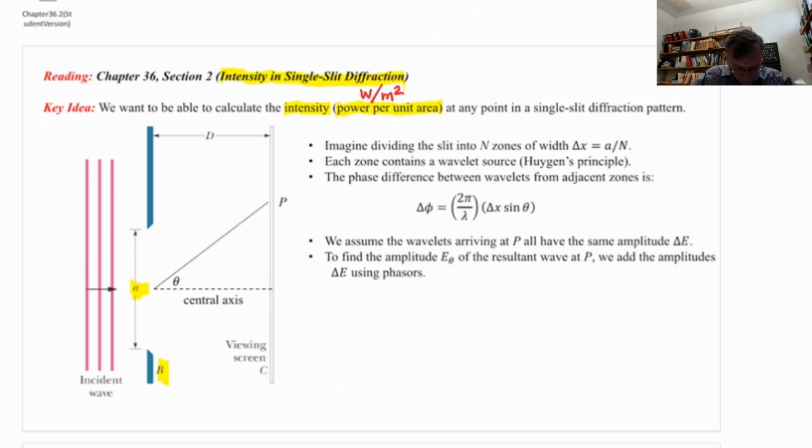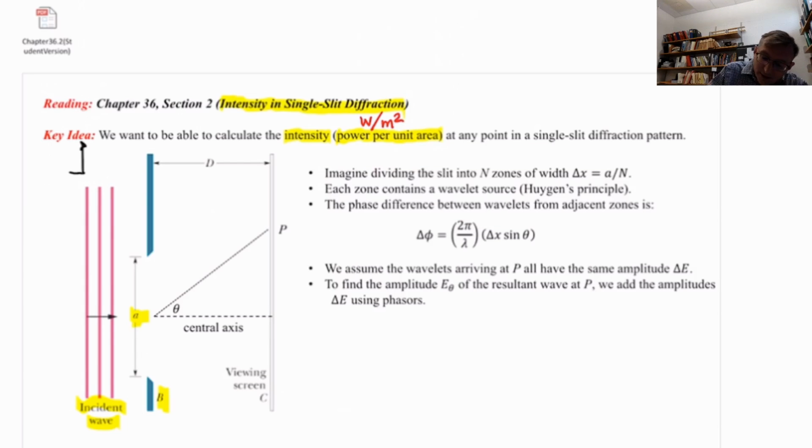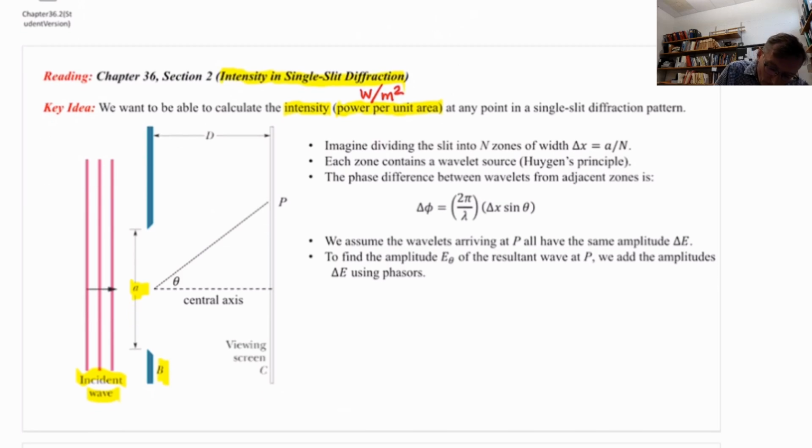And we're sending in an incident plane wave perpendicularly on that screen. And the distance between two adjacent plane wavefronts here is the wavelength, lambda. And if it's visible light, that's going to be in nanometers.